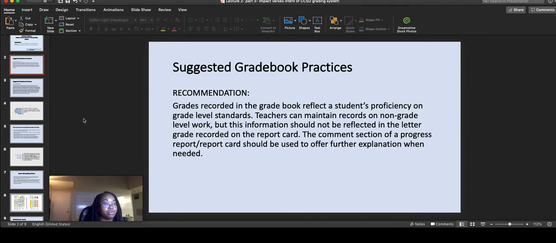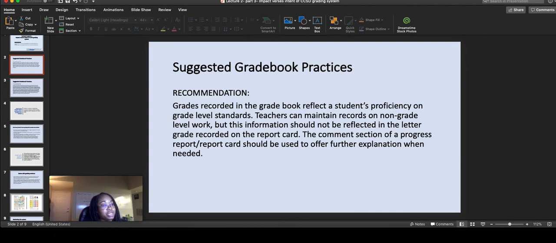So the first question I have here says, since the CCSD report card reflects the student's mastery of grade level standards, how should teachers record grades in their grade book for students working on below grade level standards? Example, a 5th grade student receives an 88% or meeting on an assessment based on 3rd grade standards.